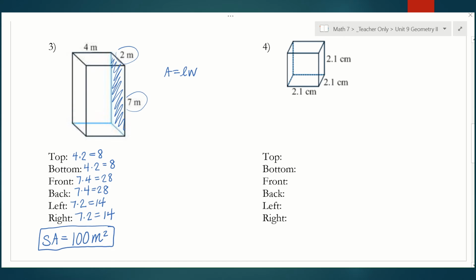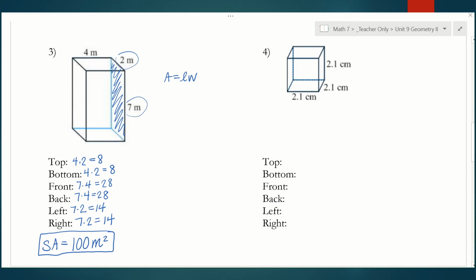All right, awesome. Let's do one more cube here. All of the sides have 2.1 as their length. Remember, if it's a cube, we're doing side squared for each face. If I look at the top, which is the same as the bottom, I can see that it's 2.1 times 2.1, which is 4.41.